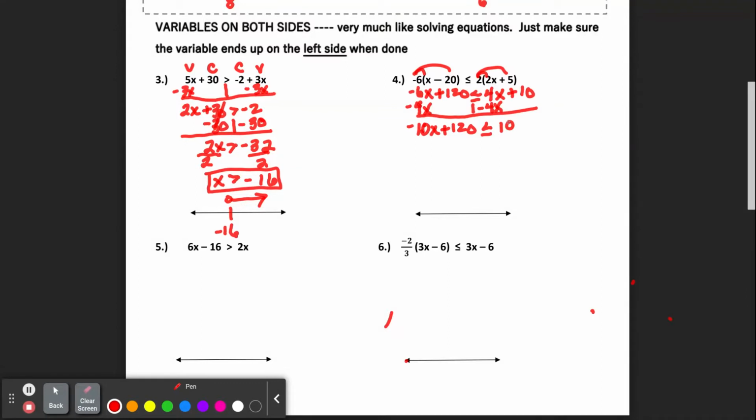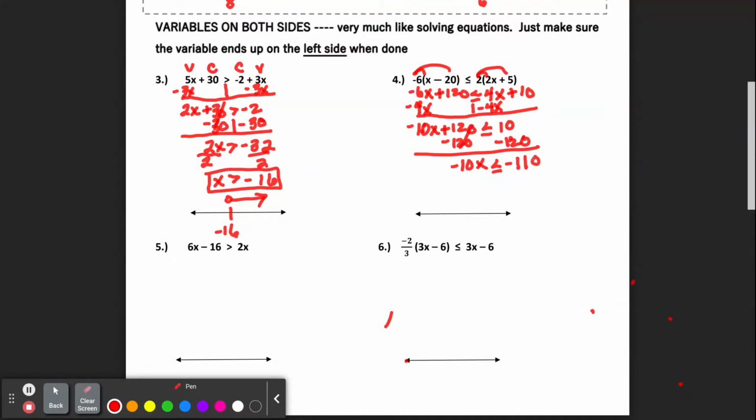Now then, the side that has a variable also has a constant of 120. So I have to subtract 120 from both sides. So I'm going to get rid of that. So bring down the negative 10x is less than or equal to 10 minus 120, which would be negative 110.